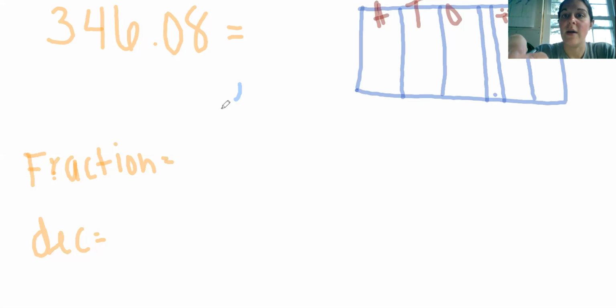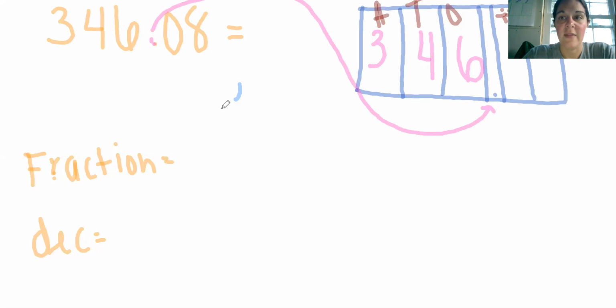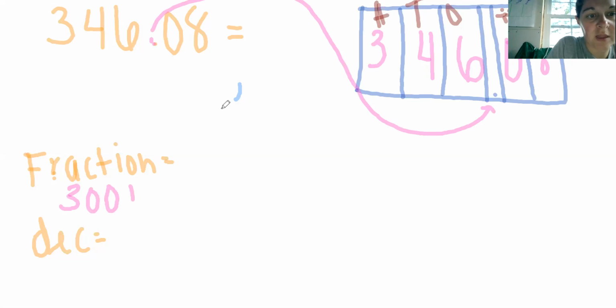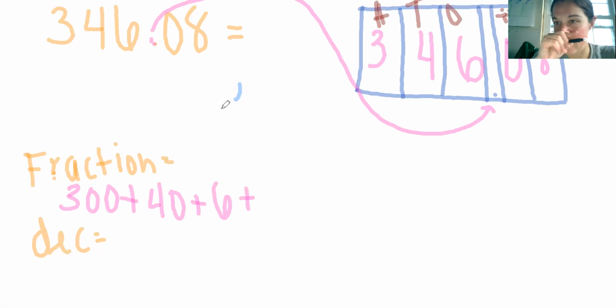So I have 3, 4, 6. Line up my decimal. And then I have 0, 8. Let's just go down our line like we do. I have 3 hundreds, plus how many tens? I have 4 tens, which is worth 40. I have how many ones? 6.